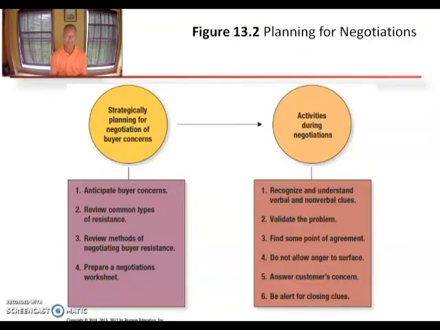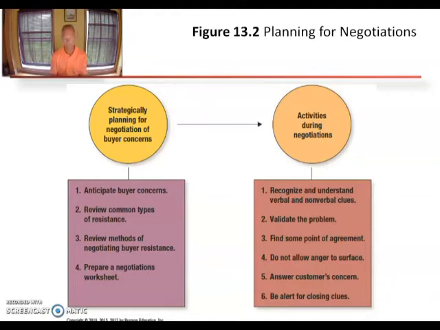So, like anything else, you've got to plan for the negotiation. Oftentimes when we have a selling scenario, it's more than one call. We usually don't make the sale on the first call. So it's more than one call, and therefore we plan for the approach, we plan for the presentation, we plan for the needs discovery, and also we plan for the negotiation.